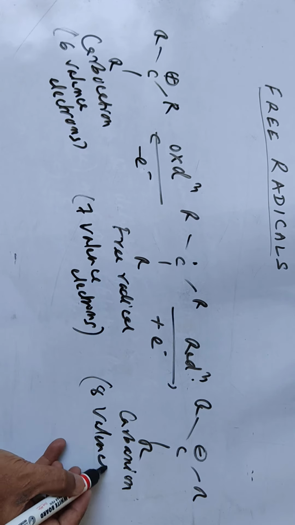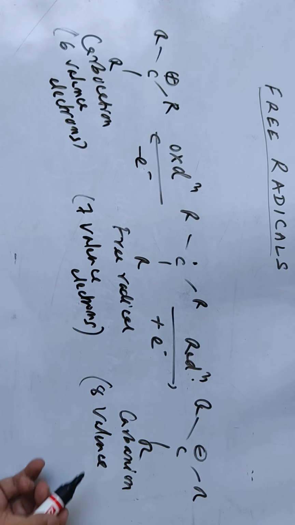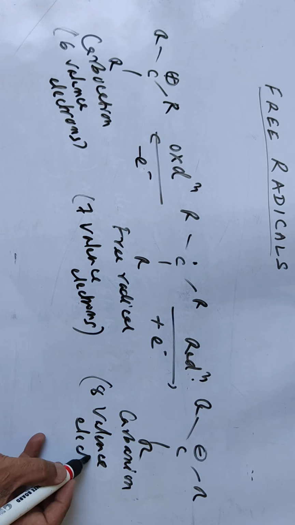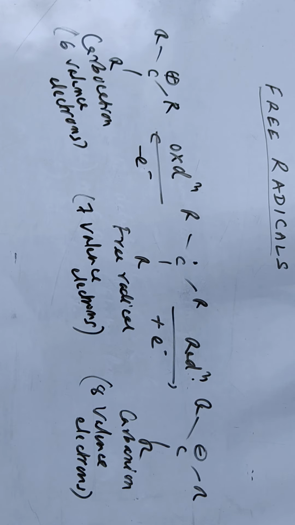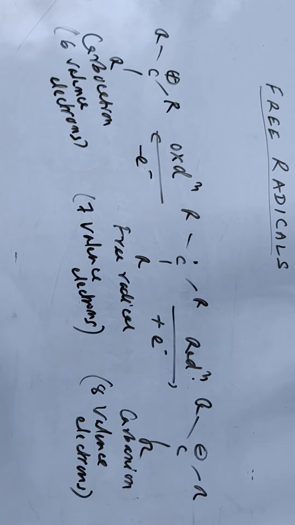So we can differentiate free radicals from carbanions and carbocations in this way. I'm repeating again: reduction of the free radical gives the carbanion, and oxidation gives the carbocation.